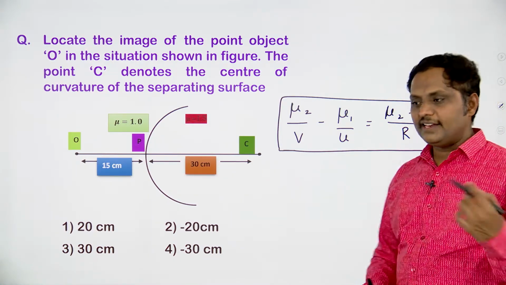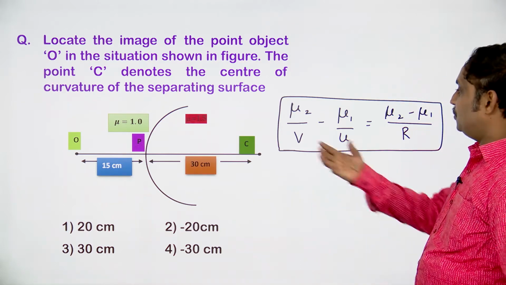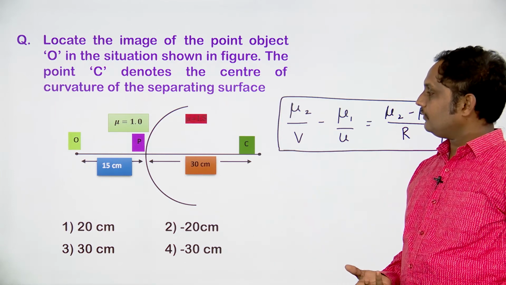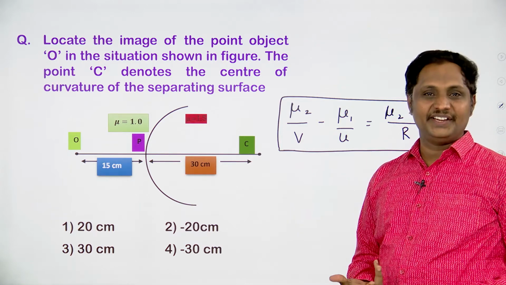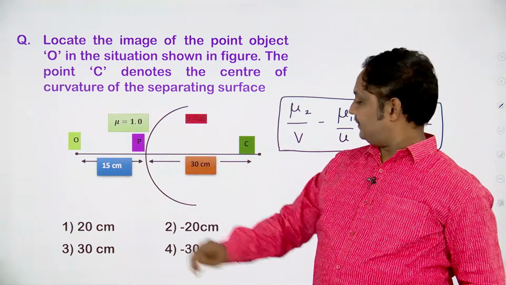So you can easily find out the U, V and also the nature of the image. You can decide that.